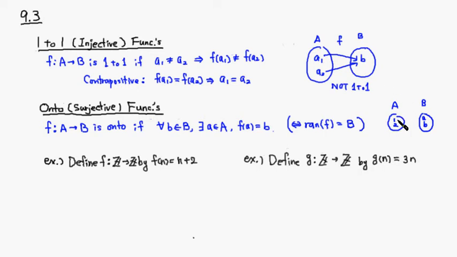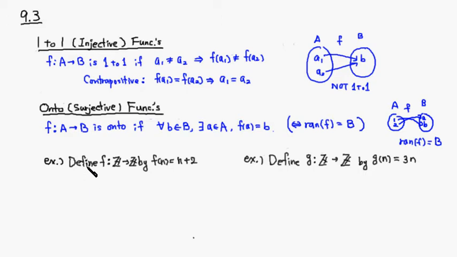Then you can see that, say, 1 is mapped to B, maybe 2 is mapped to A, right? And you can see that the range of f is exactly the same thing as B. So you can see that every single element in B has at least one arrow coming in. All right, so let's look at a couple of examples.